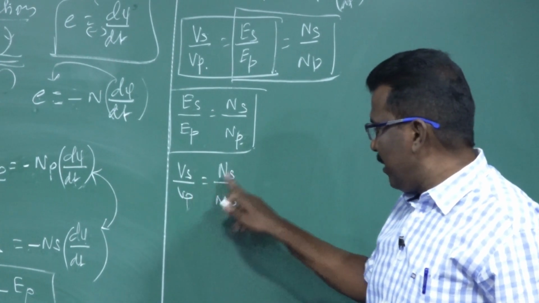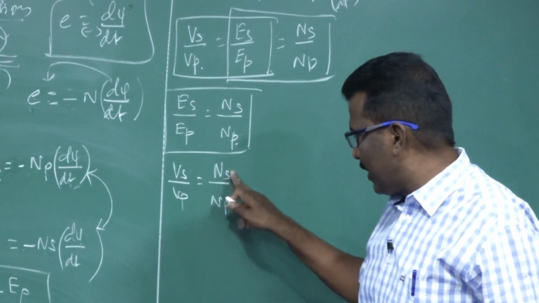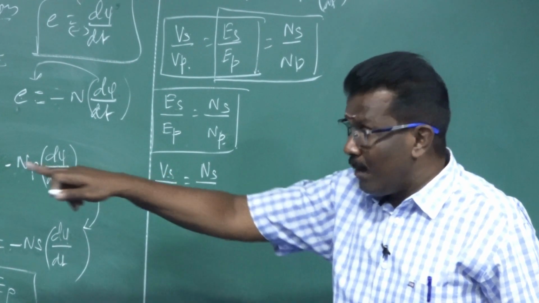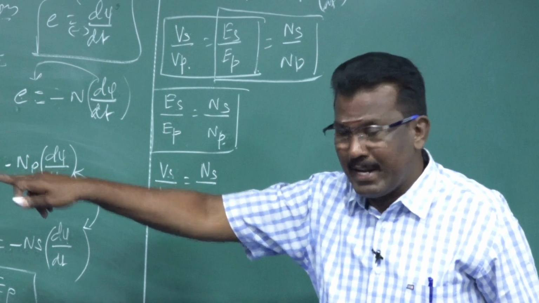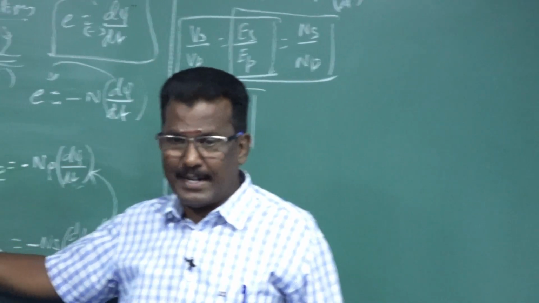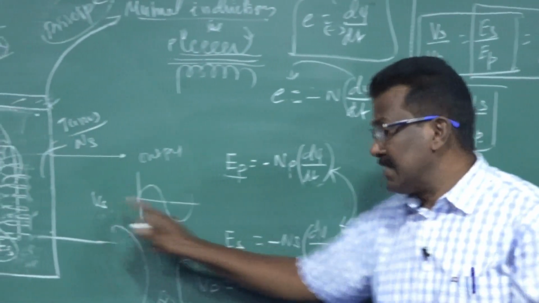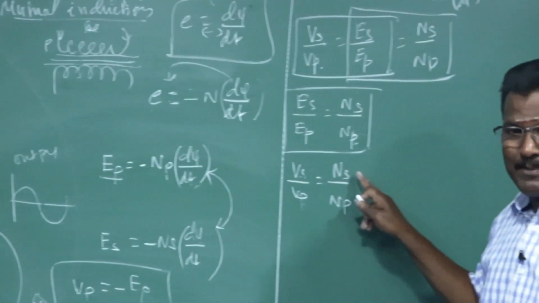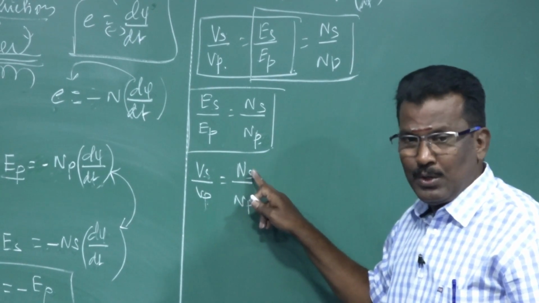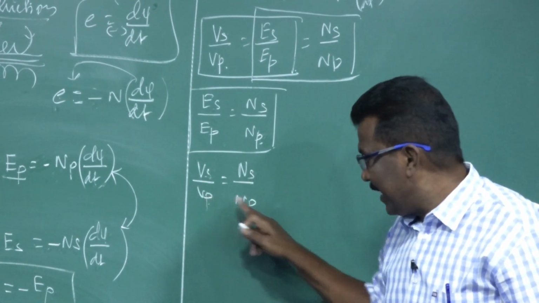Vp represents the voltage applied across the primary, and Vs represents the voltage obtained across the secondary, which is equal to the ratio of the number of turns in the secondary and primary. So Vs is directly proportional to Ns, and Vp is directly proportional to Np.